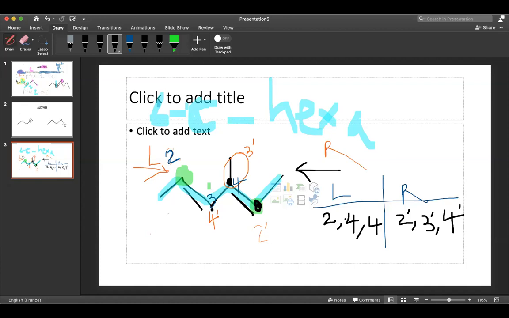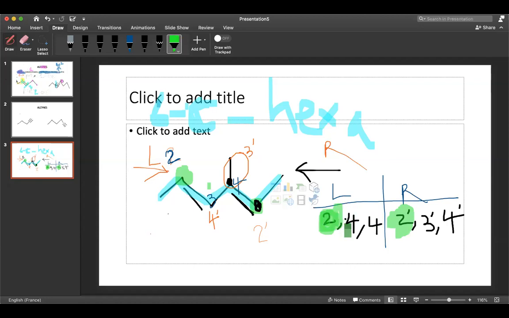Now the question would be, we have the same indices. Please, I will say this rule again. When you have a double bond and a substituent, the double bond comes first. The double bond comes first.